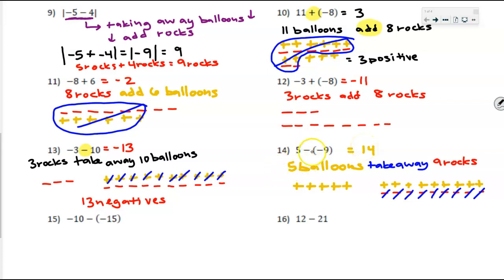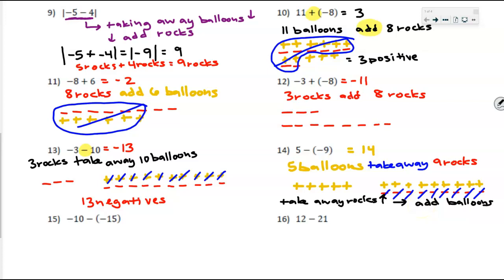Here's another way that we can think about this problem. You don't always have to draw models if you don't need to. When I take away rocks, the basket goes up. How else can I make the basket go up? I can make the basket go up by adding balloons.